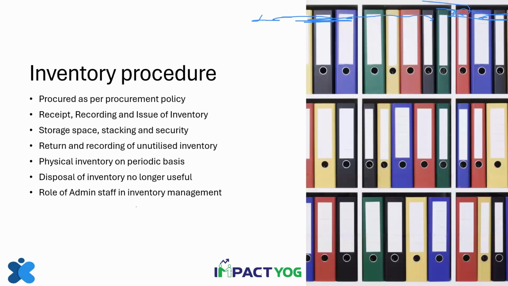Now, what are the provisions and procedure that we, as non-finance people, also have to understand? Again, inventory has to be as per the procurement process. Receipt, recording and issue of inventory is with the admin department. Please remember, since inventory cannot be reused, you have to be very careful in purchasing only the right quantity, at the right time, and at the right place.